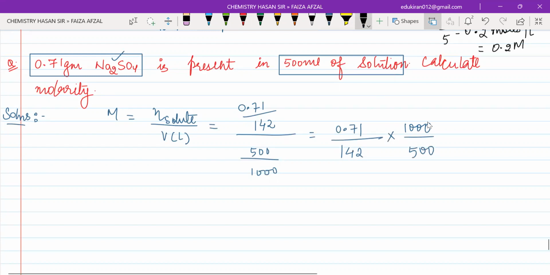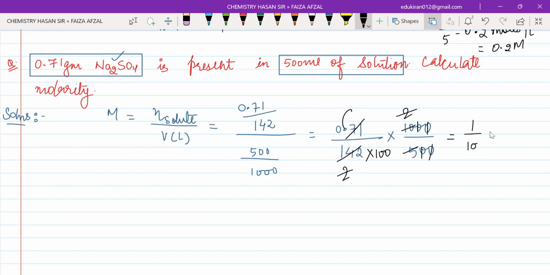Now solving it, this 0 will be cancelled 2 times, and if you remove this decimal, 100 will be divided in the numerator and cancelled, and this 2 and 2 will be cancelled. So you will have 1 upon 100, that means 0.01 mole per liter, or capital M.